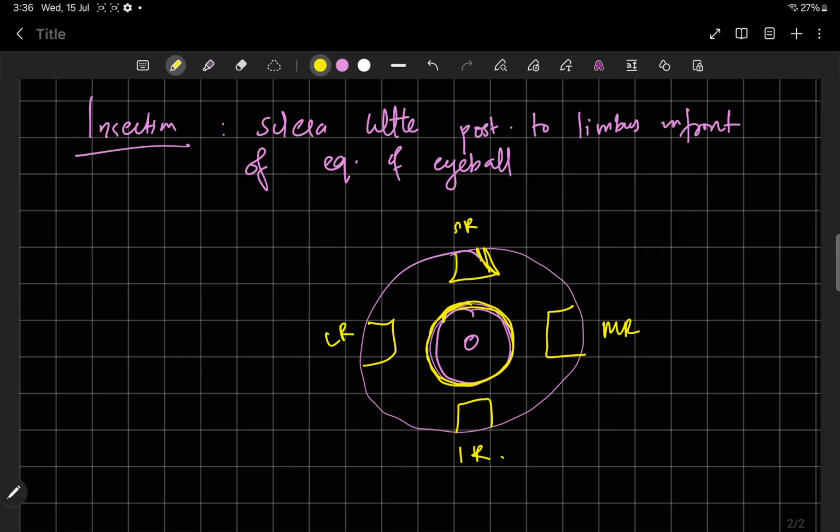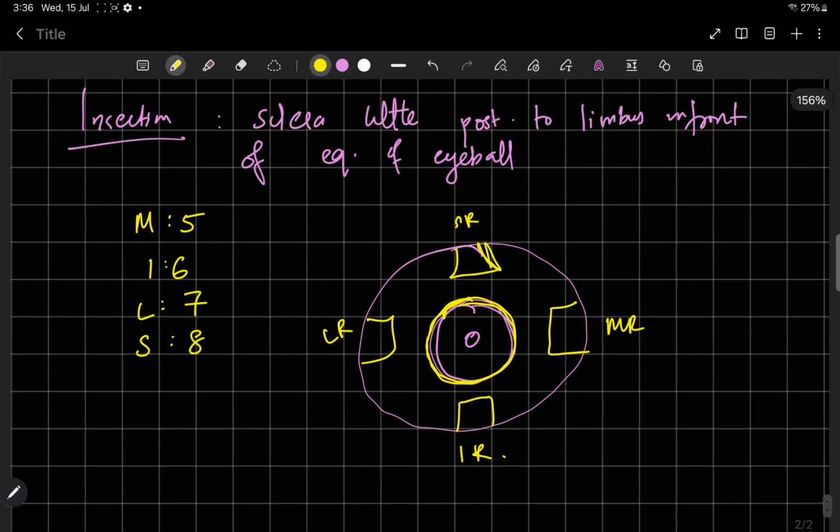And what is the distance from the limbus? Medial rectus is 5, inferior rectus is 6, lateral rectus is 7 and superior rectus is 8 mm away from the limbus. How do we remember this?